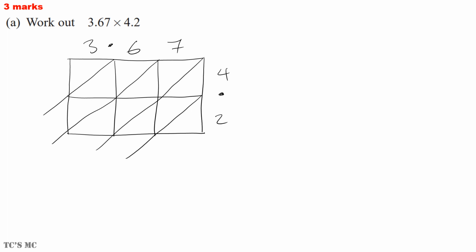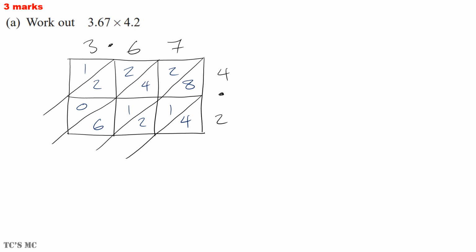For the top row, we need to do 3 multiplied by 4, which is 12, 6 multiplied by 4, which is 24, 7 multiplied by 4, which is 28. For the second row, we need to do 3 multiplied by 2, which is 6, so 0, 6. 6 multiplied by 2, which is 12. 7 multiplied by 2, which is 14. And now we have 1 mark.